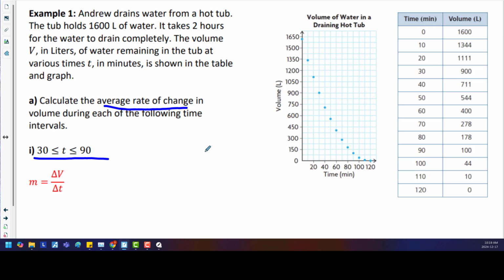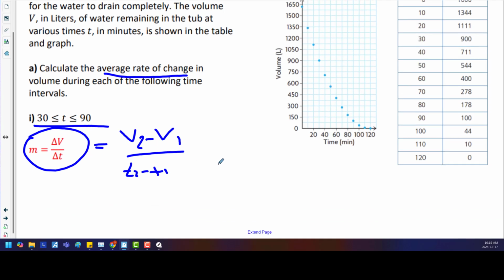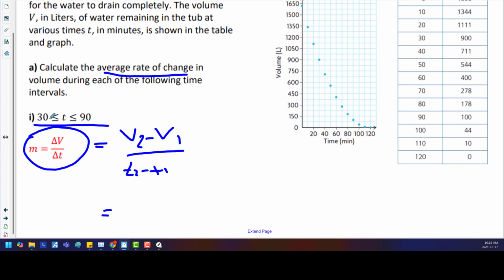So how do we figure this out? Easy. Remember, slope is just your y value, y2 minus y1 over x2 minus x1. In this case, your y value is volume. So this is just going to be volume v2 minus v1 over t2 minus t1. What are my values for v2 and v1? Well, 30 and 90 are my two intervals. So 90 is v2 and 30 is v1.